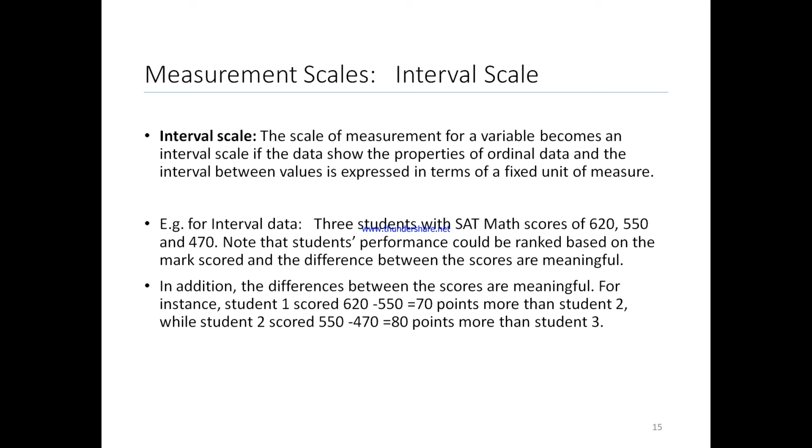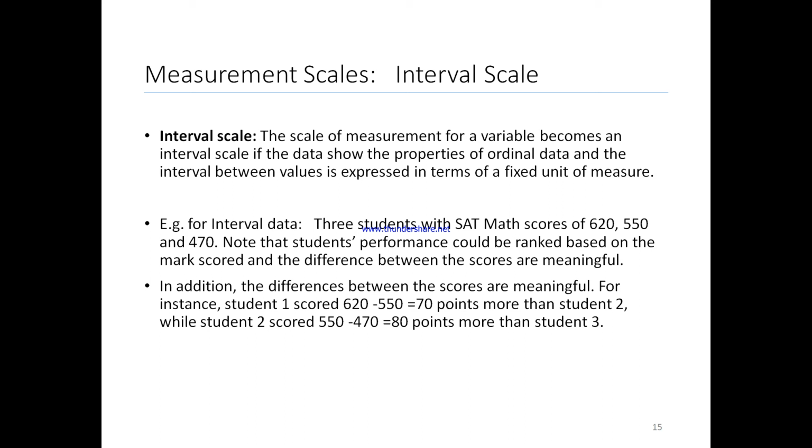if the data show the properties of ordinal and the interval between values is expressed in terms of a fixed unit of measure, right? So for an example, now let's say student 1 scored, if you look at this example, there are 3 students, and their scores for some certain examination are 620, 550, 470.